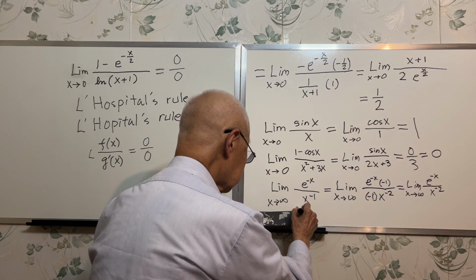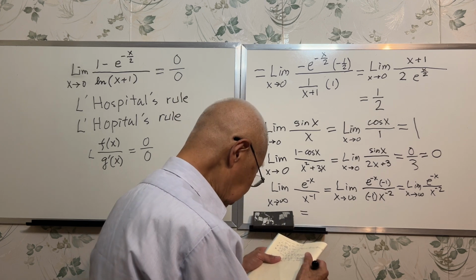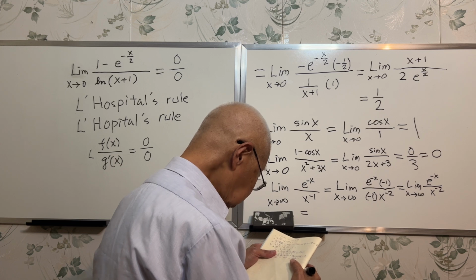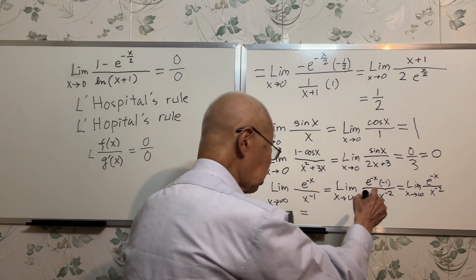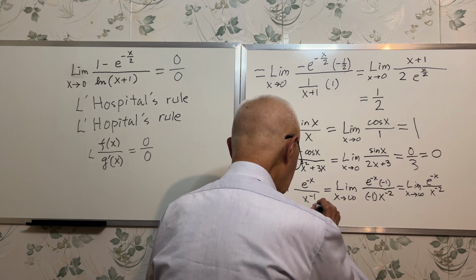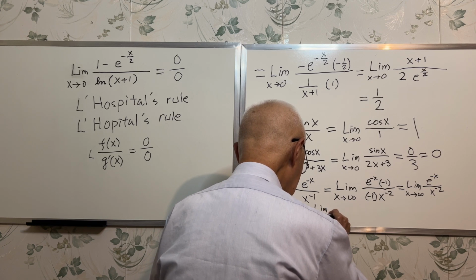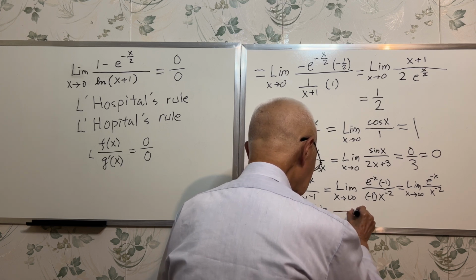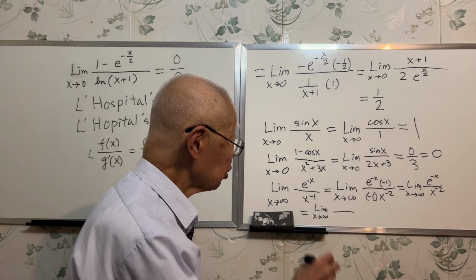So this is, let's simplify this. Let us not have the negative power. So put the negative power part to the denominator.